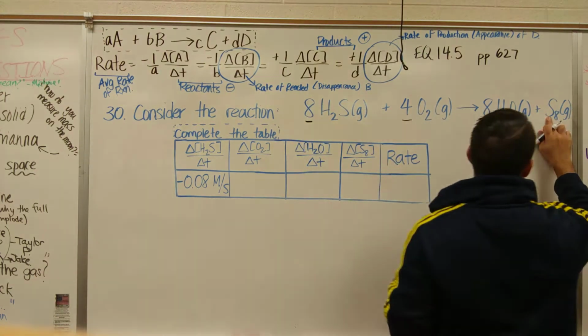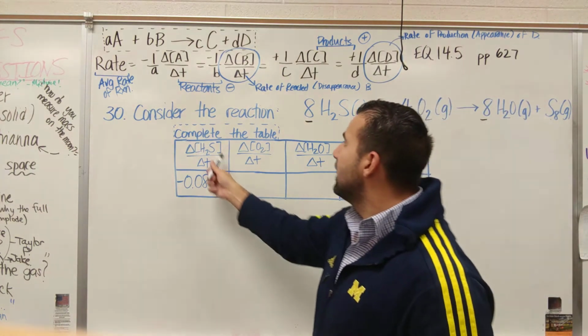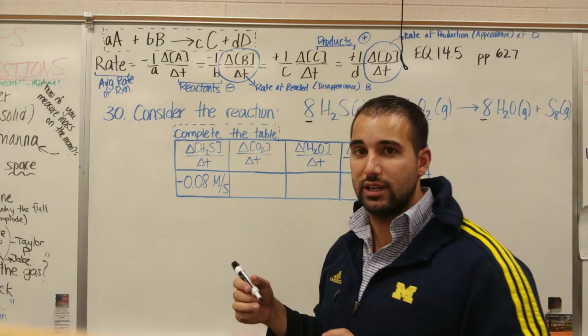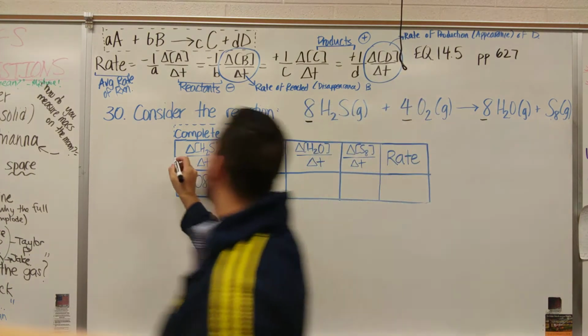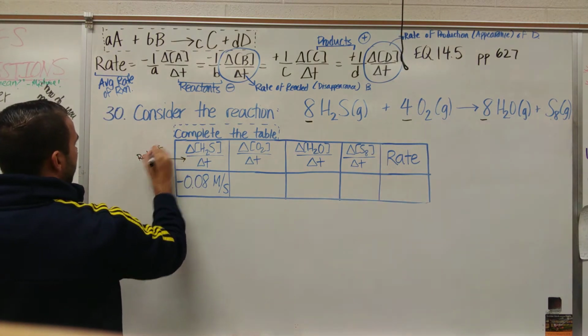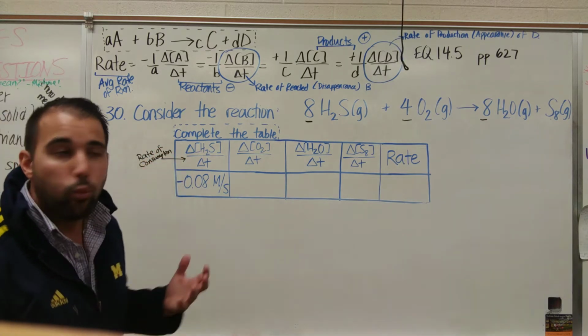There's like a hidden 1 there, okay? Now, it wants me to complete the table. It already gave me the change in H2S over change in T rate, which is the rate of consumption or disappearance of just H2S, okay? And so, where did that come from?